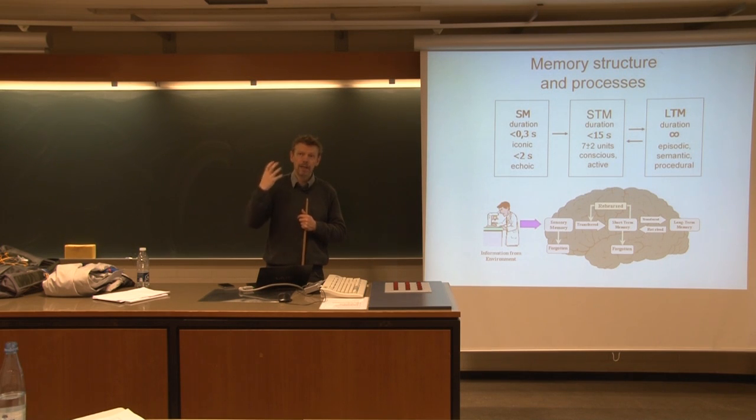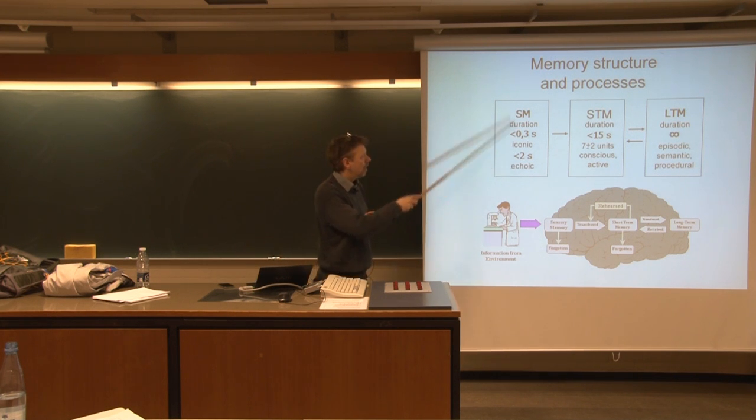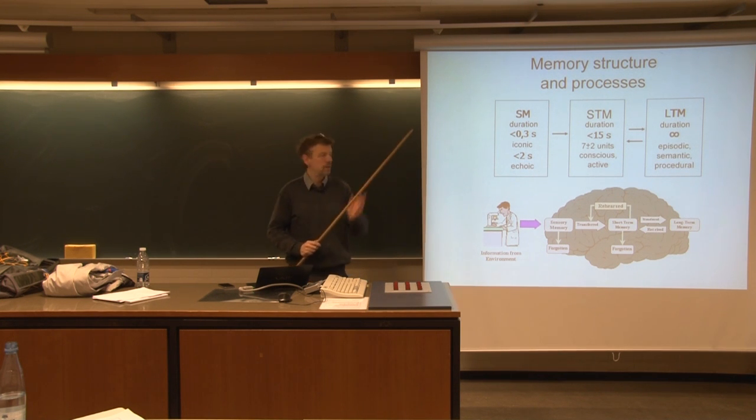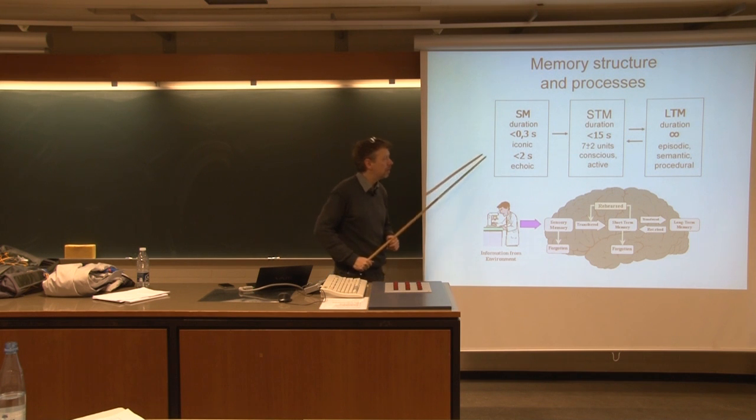We're seeing images going at maybe 20, 30 hertz, similar in many ways to what you would see in a television, which is usually going at above 50 hertz or something like that. The point of that is that if it goes down at lower frequencies, we would start seeing it as separate images instead of seeing it as a continuous film. So this is part of the trick which is built into this sensory memory that we have in order to create this continuous experience of the external world.